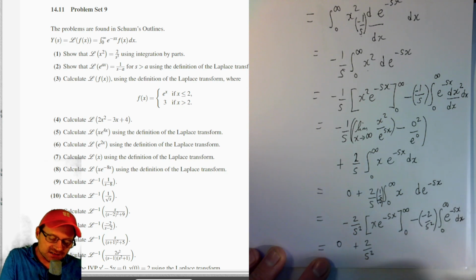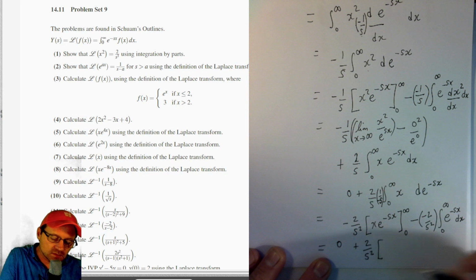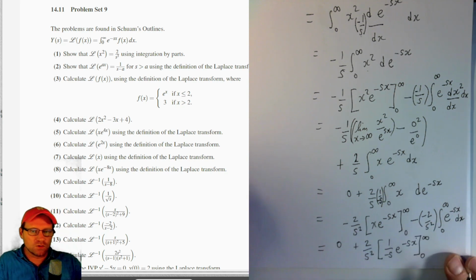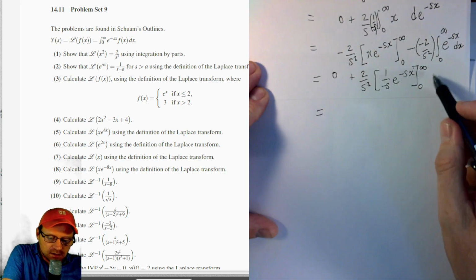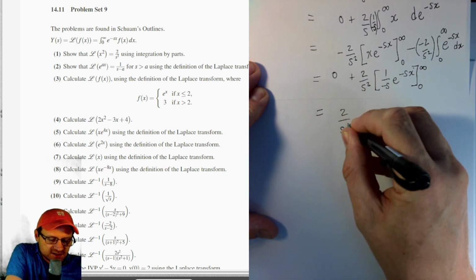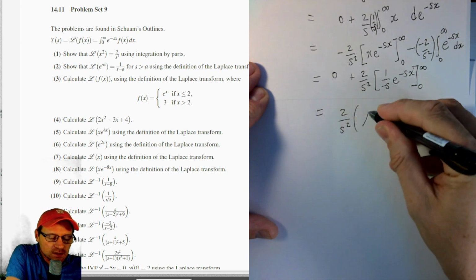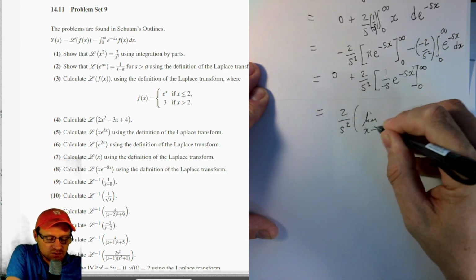Integral of e to the minus sx is 1 on minus s, e to the minus sx, 0 to infinity, and we're almost done with this. 2 over s squared, limit as x goes to infinity.